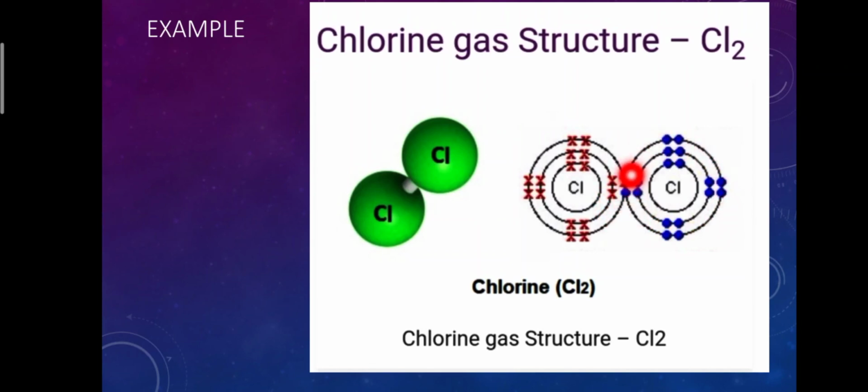It is a single covalent bond, which is formed by the sharing of one pair, that is, one bond pair. The bond between these two atoms is very strong. It is a strong covalent bond present between two atoms.